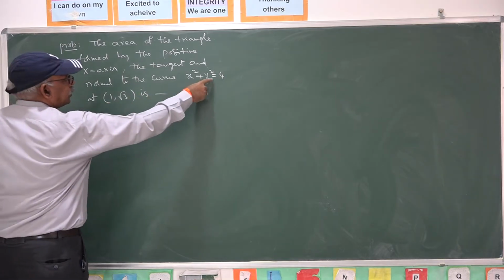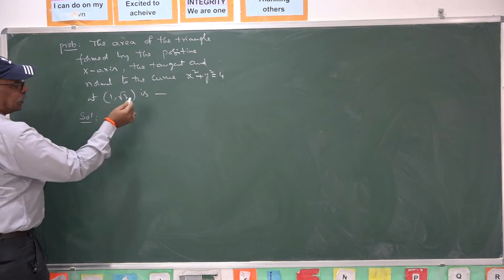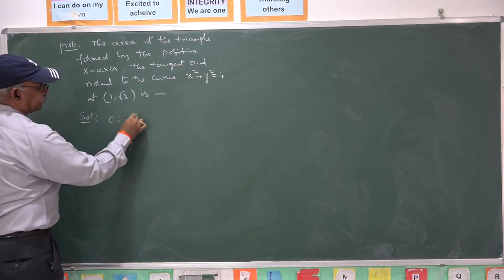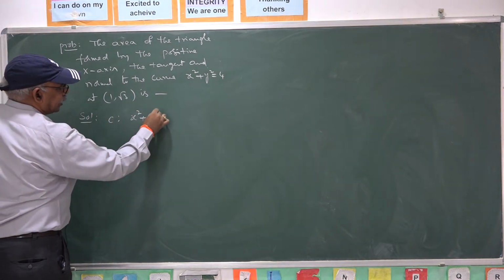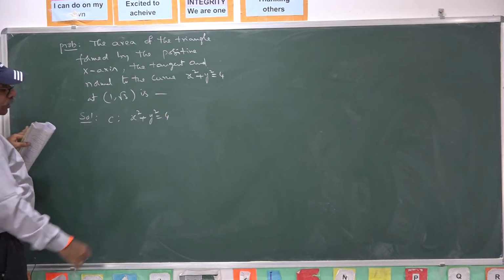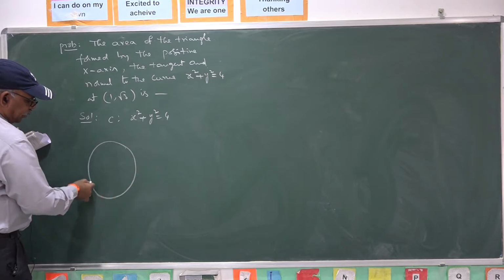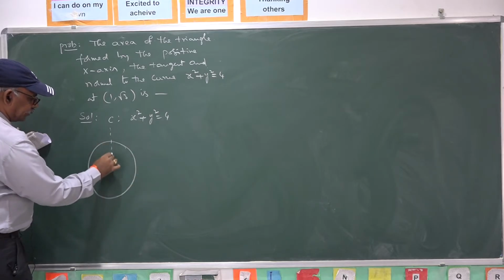Clearly 1 comma root 3 satisfies this equation. So, the given curve here is x square plus y square equal to 4, a circle. This is clearly a circle whose center is at origin.